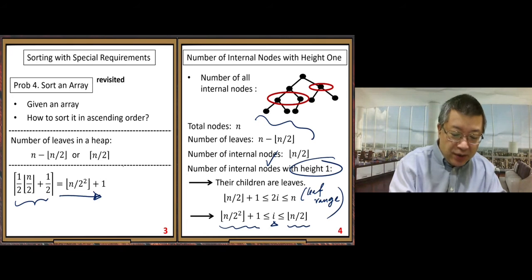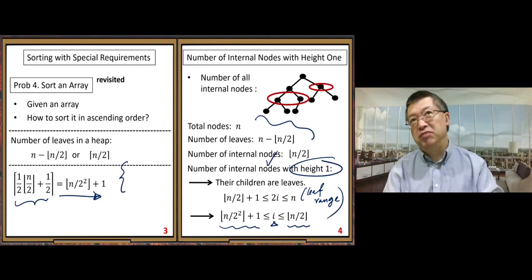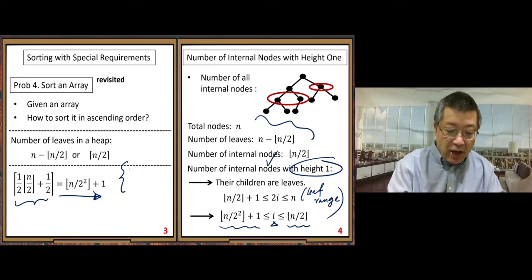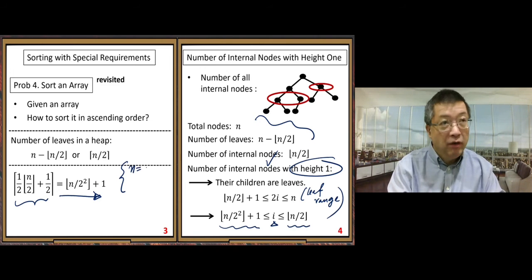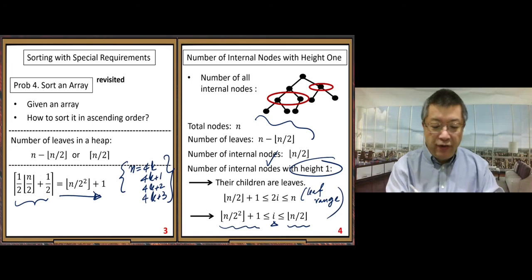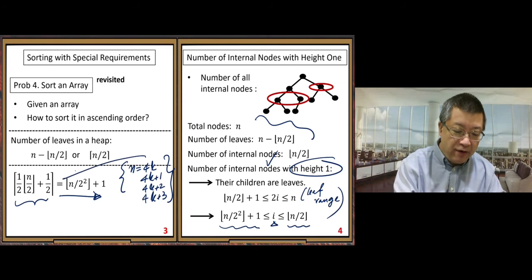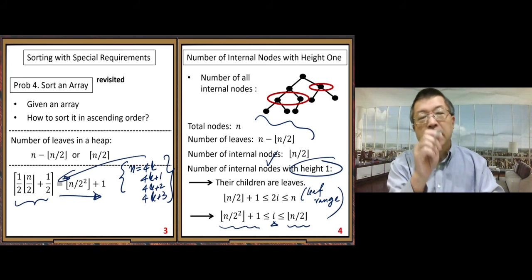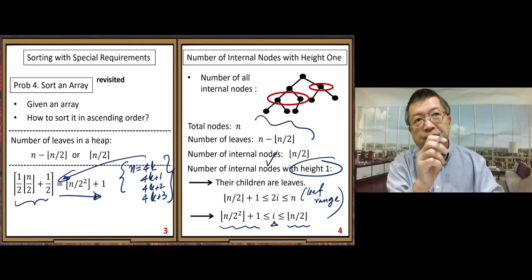So you need to do case discussion. N is a multiple of 4, 4k, 4k plus 1, 4k plus 2, 4k plus 3. You try all the 4 cases and verify that the equality is true.